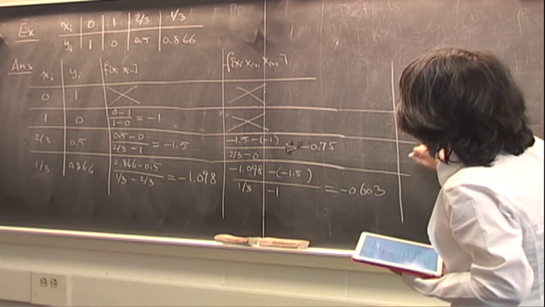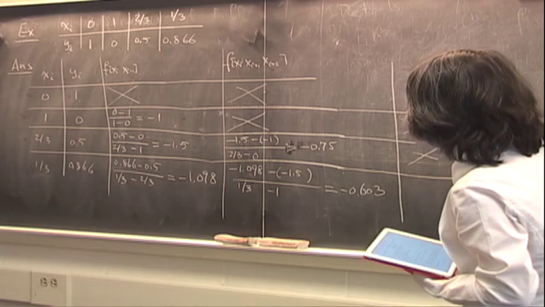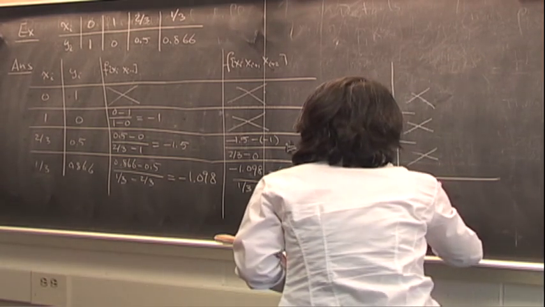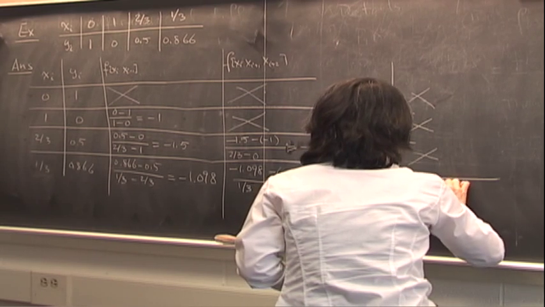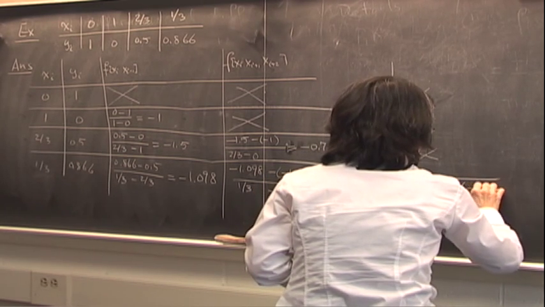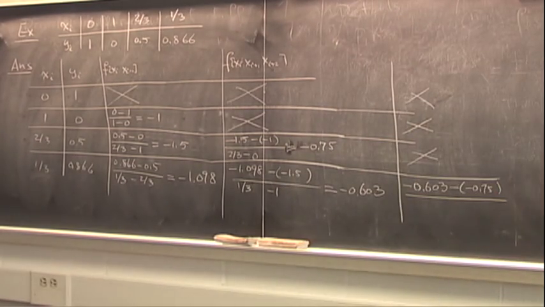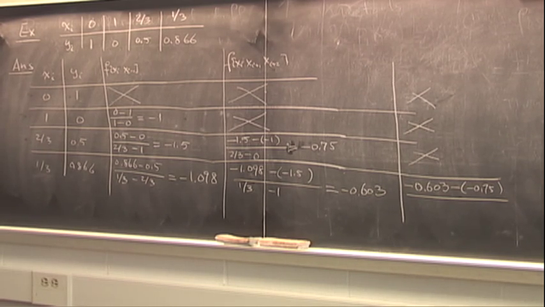It's okay. So I see now I need to do only one more step, because nothing to be done here, nothing to be done here, nothing to be done here. I just need to figure out one number. So the numerator is always just this subtraction. What's on the denominator? Which x minus which x? 1/3 minus 0. Yes.